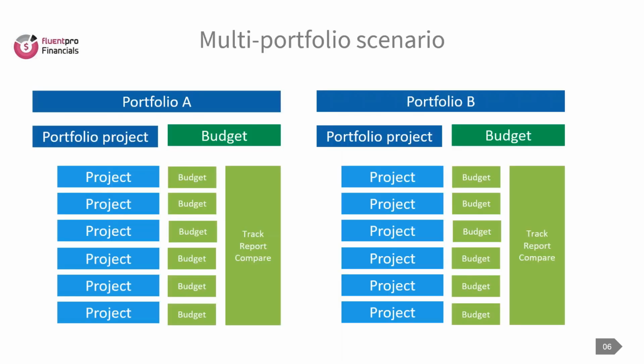From reporting standpoint, we have several reports that allow you to organize your information and compare the information pretty much in any format. You can have a type of project called the portfolio, and you can have budget assigned to that portfolio, and then you can have projects, and you can have budget assigned to each of those projects.